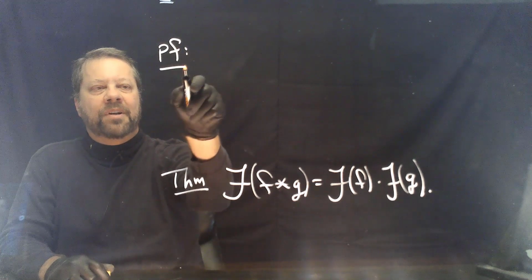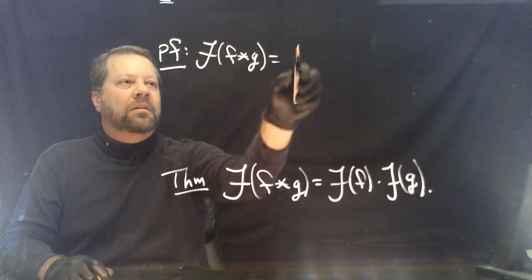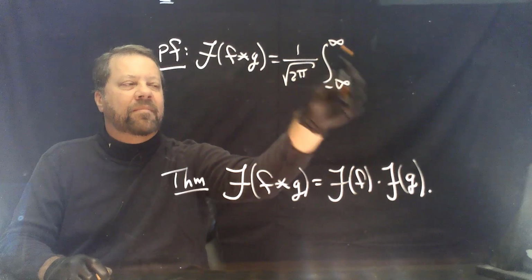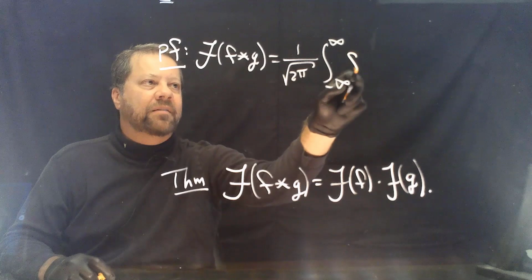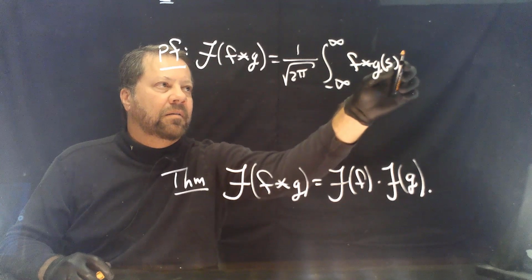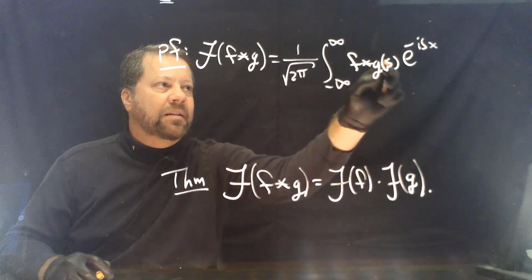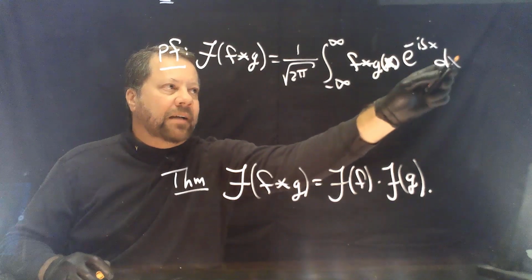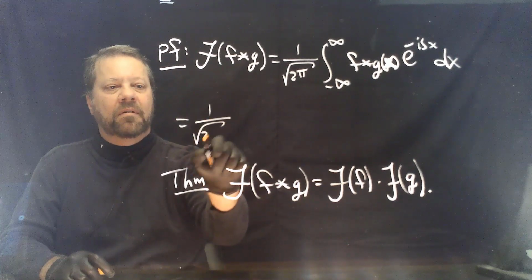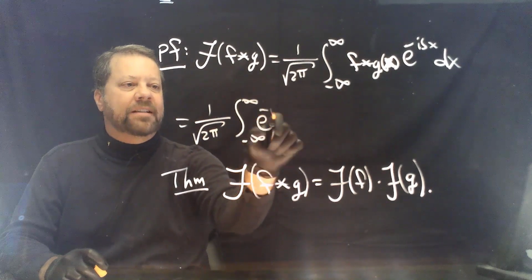The proof goes pretty much as you might expect. The Fourier transform has a 1 over root 2 pi, and then it's f convolved with g times e to the minus isx, this is of x, dx. We'll have e to the minus isx.